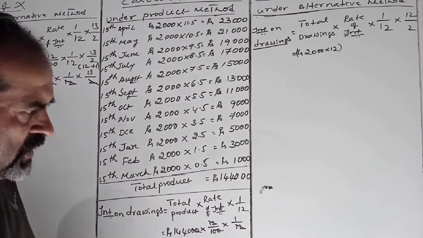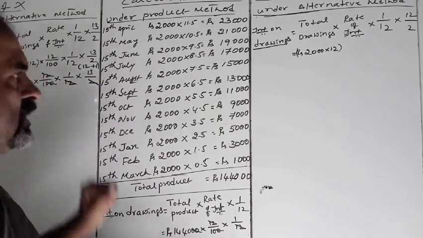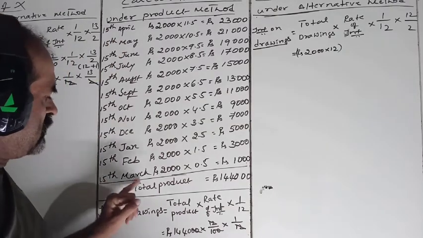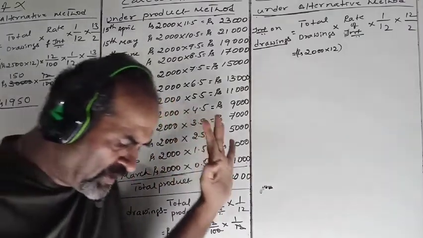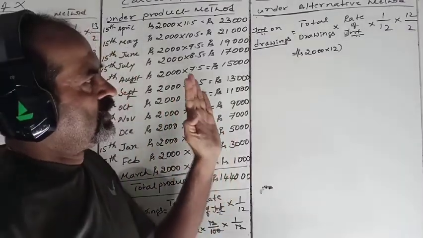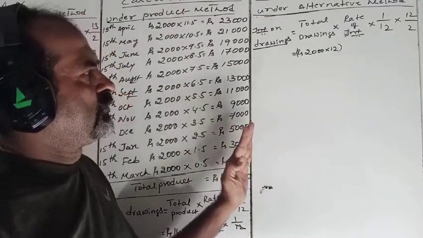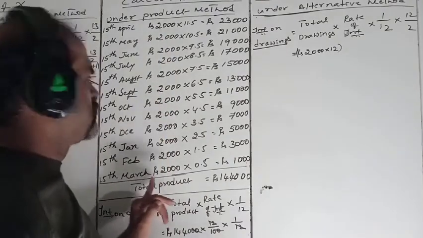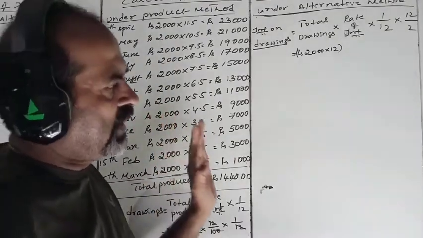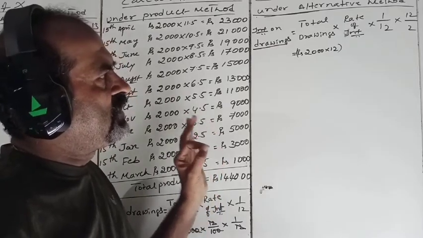You may have a doubt here: he withdrew on 15th April, and here on 15th March. Why take 12 months? We don't need that. The amount of 2,000 rupees withdrawn by the partner from 15th April to 31st March, every month, that is, in the middle of every month.